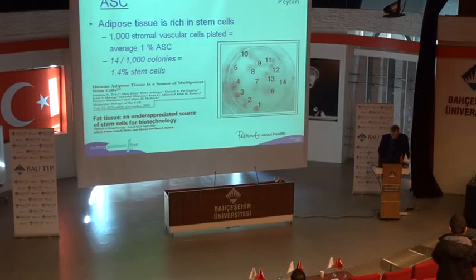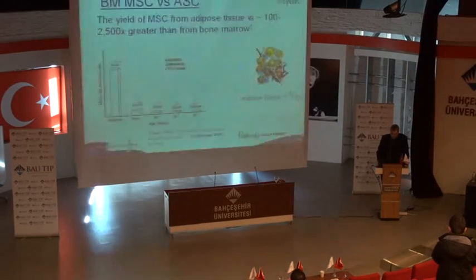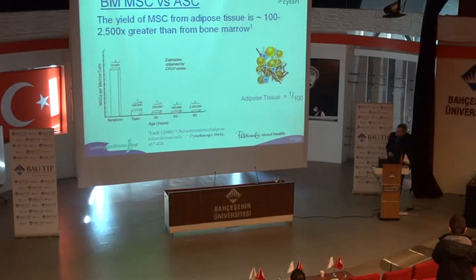In addition, one of the reasons behind that is that it is a rich source of stem cells, and we find that about 1% of the nucleated non-fat cells, or 1.5% in that range, are actually stem cells. That makes it the richest source of stem cells compared to bone marrow, where there's an age-related decline of the stem cells.